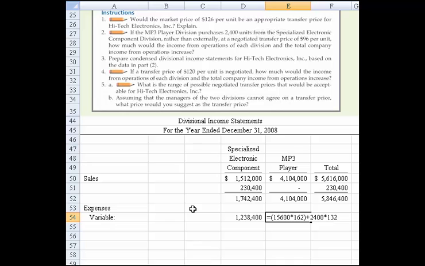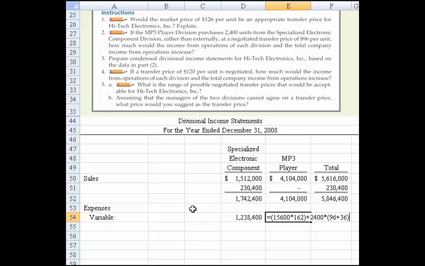Now, the $132 was equal to the $96 transfer rate plus that $36 operating expenses. So maybe we should do it this way, times 96 plus 36. Okay, so that's how we come up with the $132 cost.